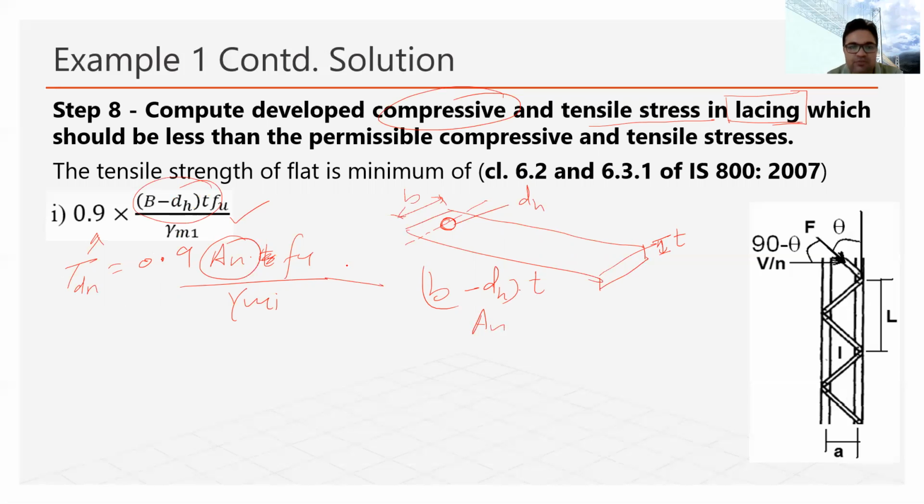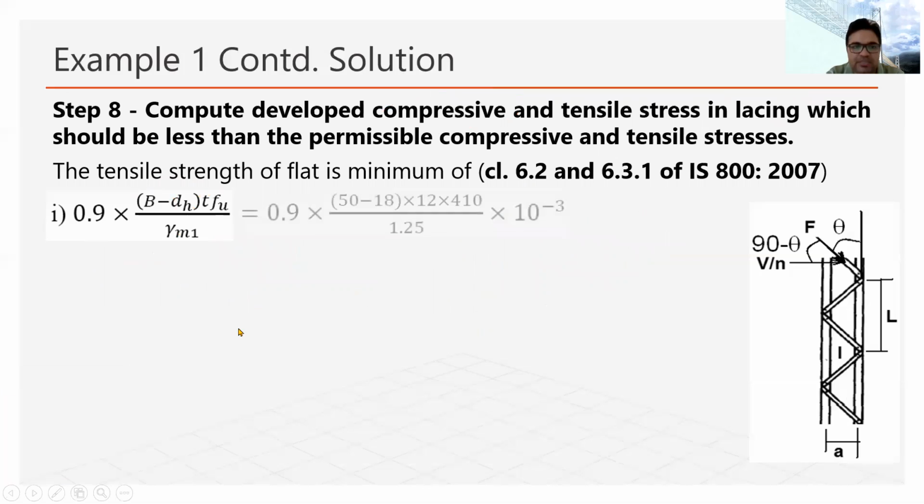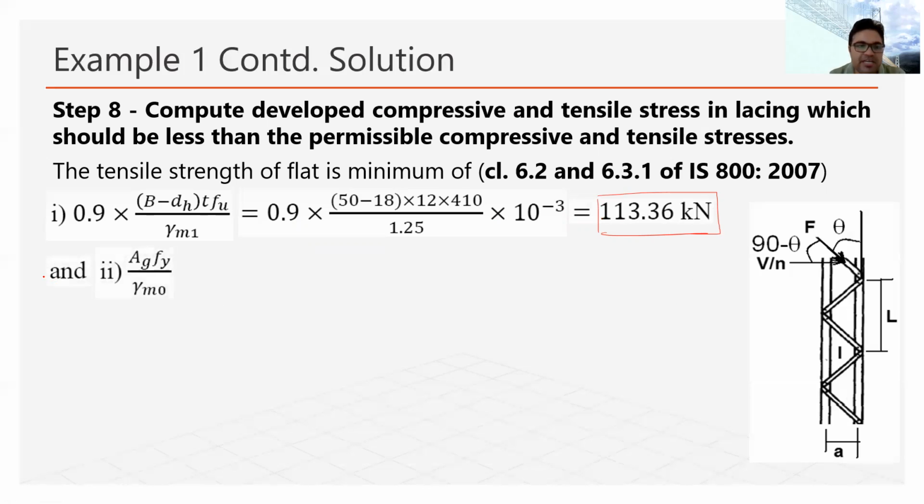That is the same formula for calculating the tensile strength of the same lacing bar. Putting all the values, we can find the rupture strength of the lacing bar as 113.36 kilonewton. But we also need to find the gross strength, which is TDB.